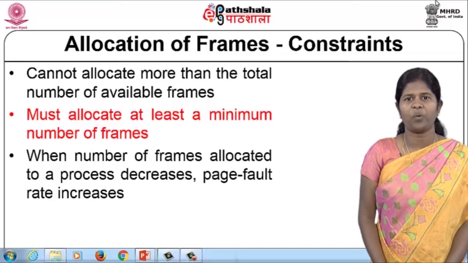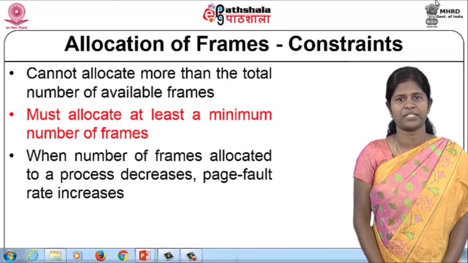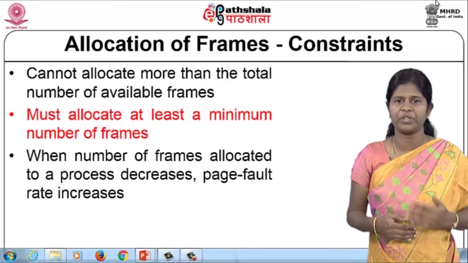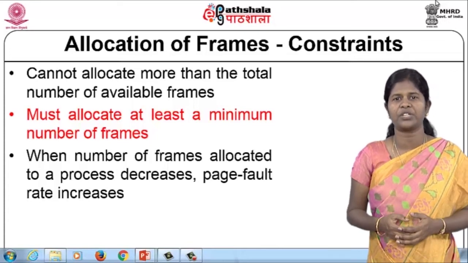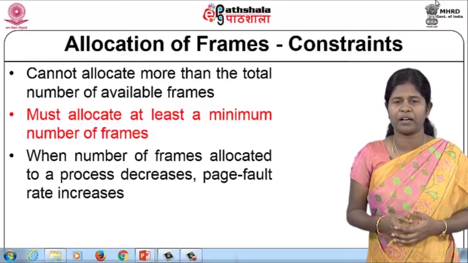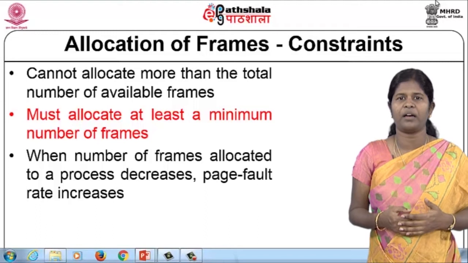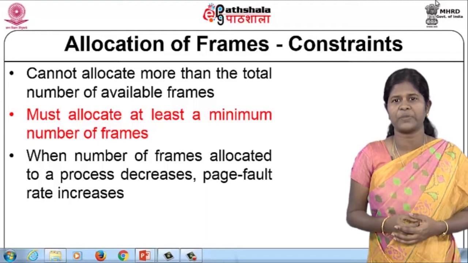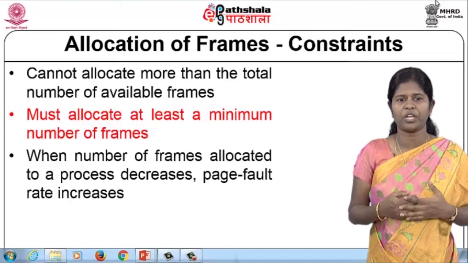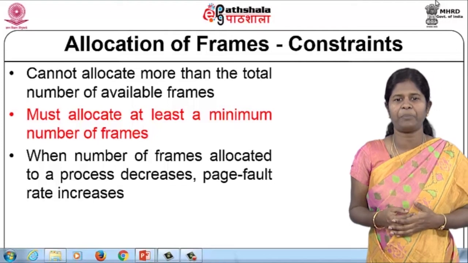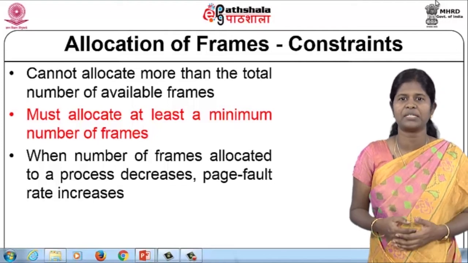When the process has fewer frames and there is a memory reference to another new page, page faults will occur, which calls for page replacement algorithms, and then page faults again will increase, and so on.